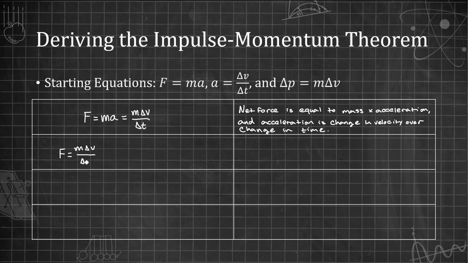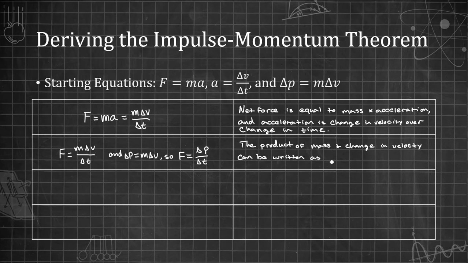So we're going to rewrite this. The force is the mass times the change in velocity over the change in time. And then we're going to use this other identity where we know that the change in momentum is equal to mass times change in velocity. So we're going to substitute this m times delta v term in our net force equation. We're going to say that the force is equal to the change in momentum of an object divided by the change in time.